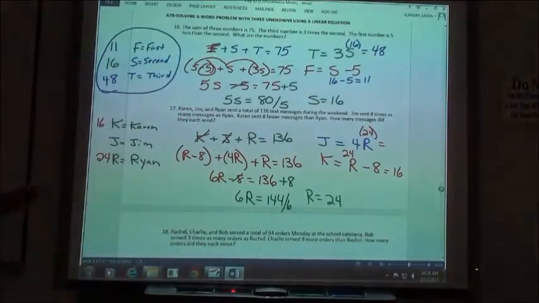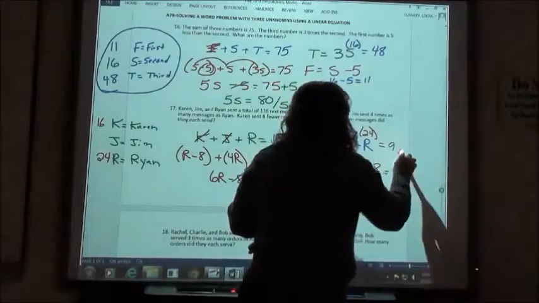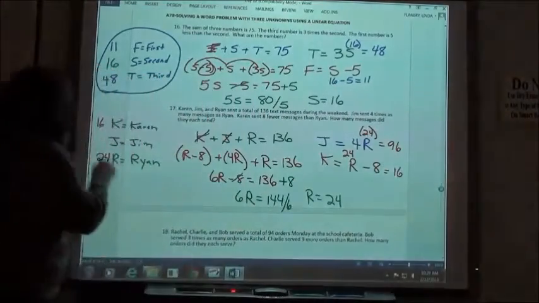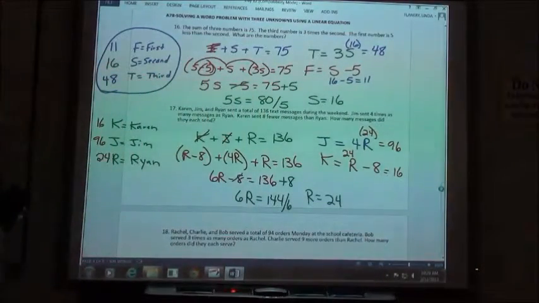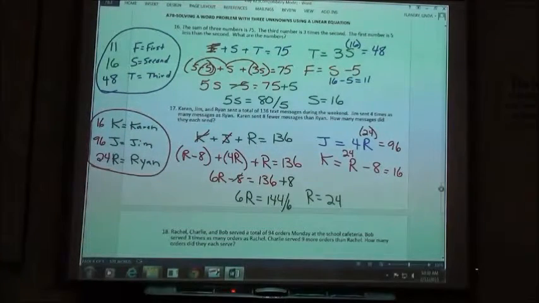So if I take 24 times 4, 96 messages. And again, if I wanted to check that answer, I'm going to add those up to see if I get 136. So if I take 16 plus 96 plus 24, sure enough I get 136. And so those are going to be my answers.